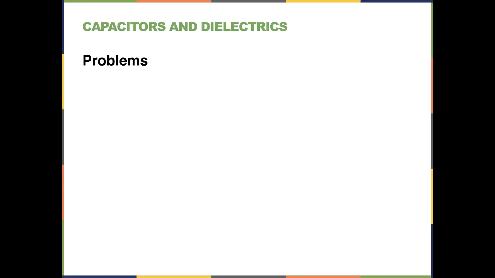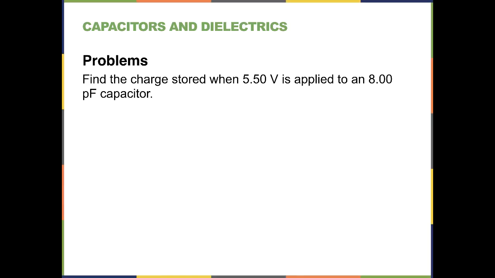So let's take a look at a couple of problems related to the measurement of capacitance. Find the stored charge when 5.5 volts is applied to an 8 picofarad capacitor, where p stands for pico, or 10 to the minus 12.